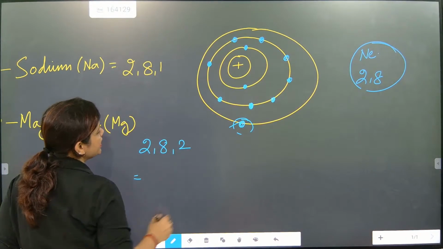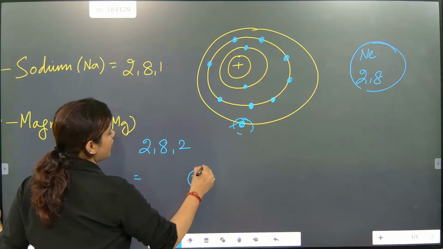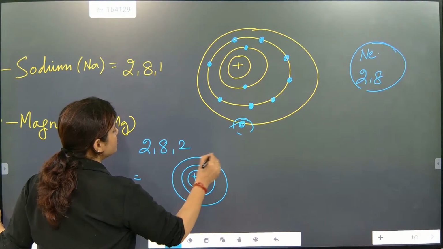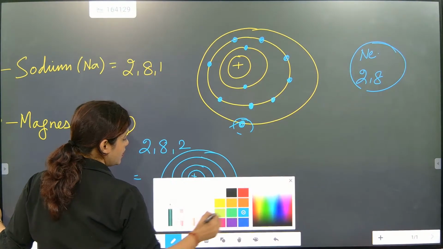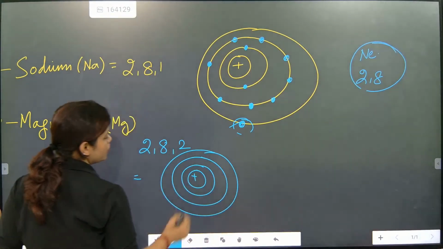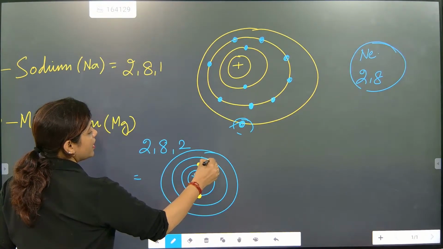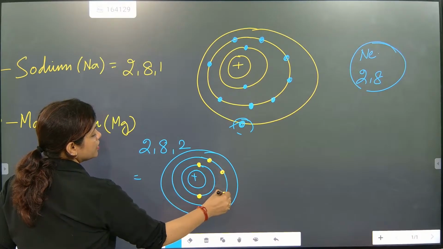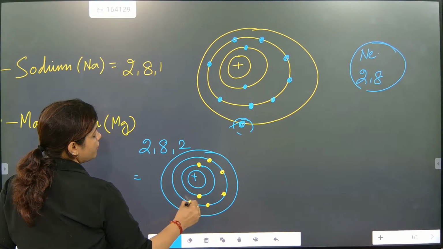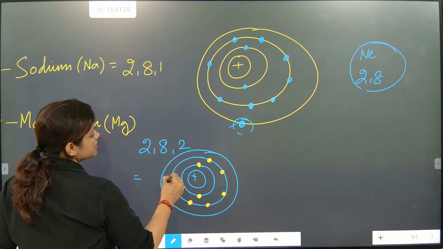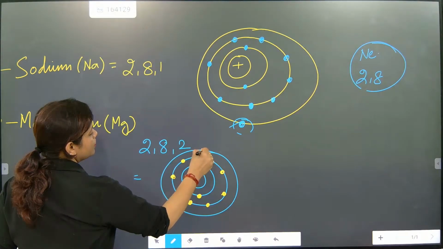So its outermost orbit will have how many electrons? 2 electrons. See, first orbit 2 electrons, second orbit 1, 2, 3, 4, 5, 6, 7, 8, outermost orbit 2 electrons.